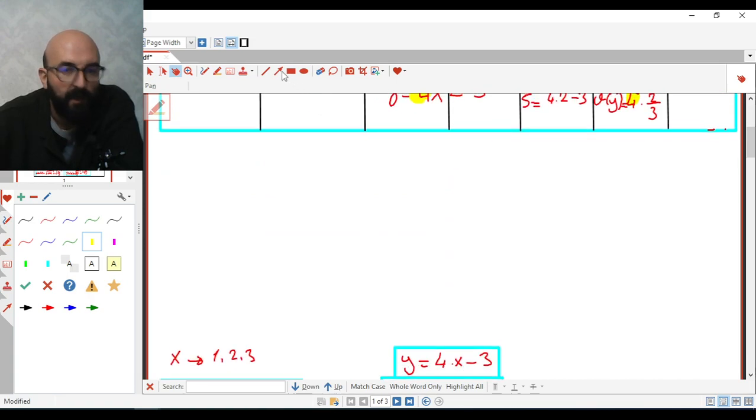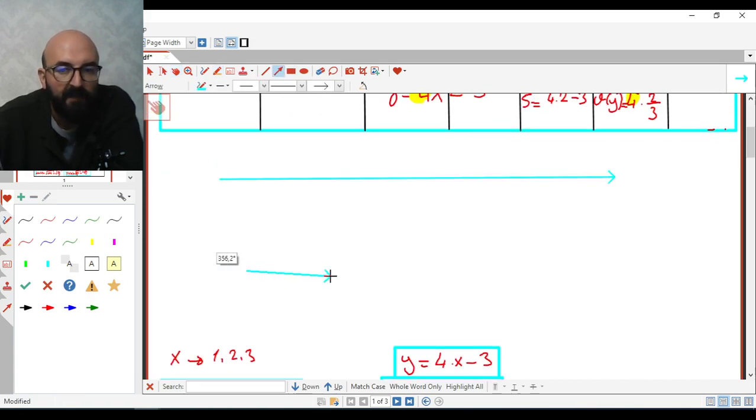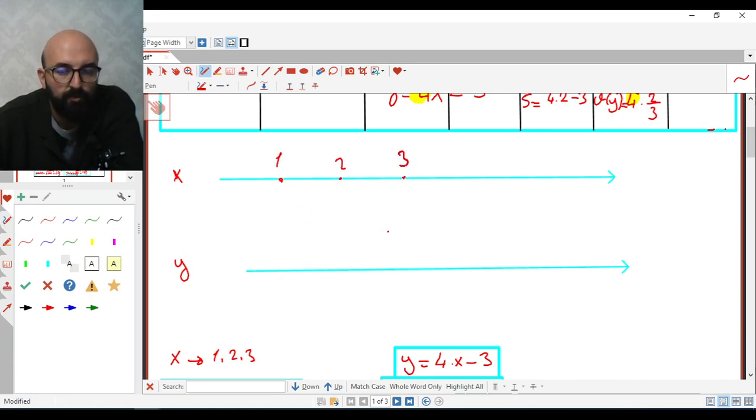And range. We have this number line and this number line, the first number line for x, the second number line for y. 1, 2, 3 are the values of x, and then 1, 5, 9 are the values of y.